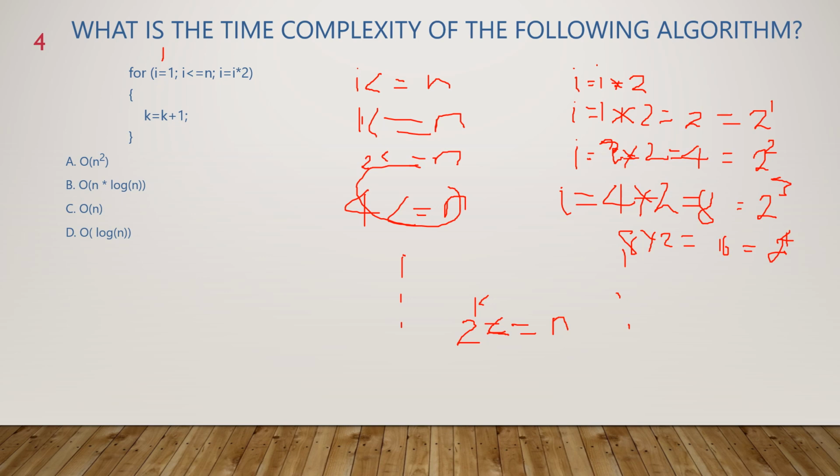When you remove the less than, 2 to the power of k is equal to n. Based on this, what it shows is log n, log base 2 of n.